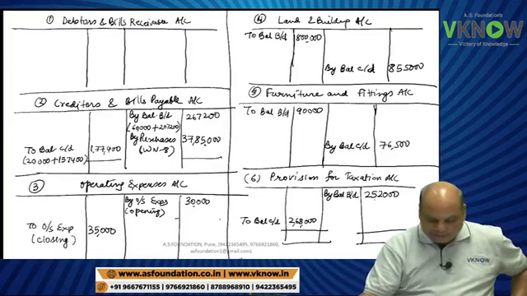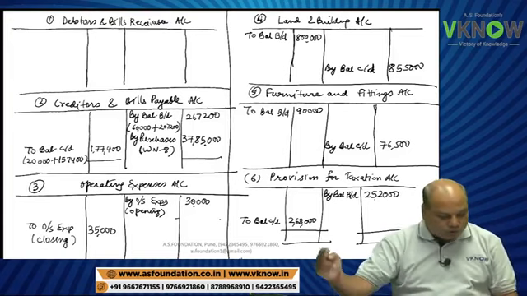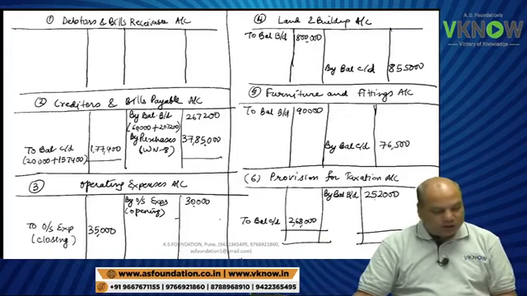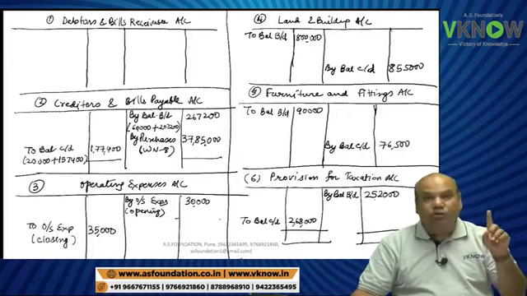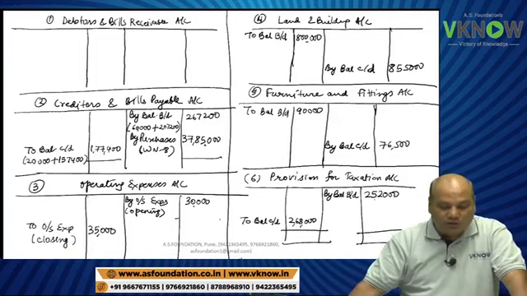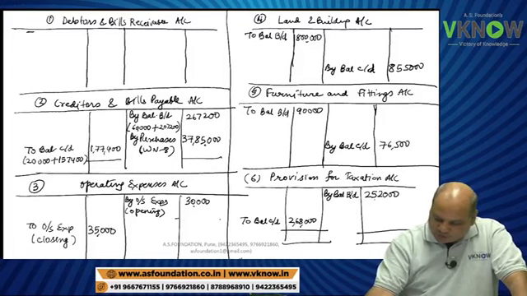Next line in your balance sheet, asset side, we'll go line by line. Debtors. Debtors and bills receivable we will add together because my objective is to find collection. On the screen, working note 1, debtors and bills receivable, debit side, first line, to balance brought down.